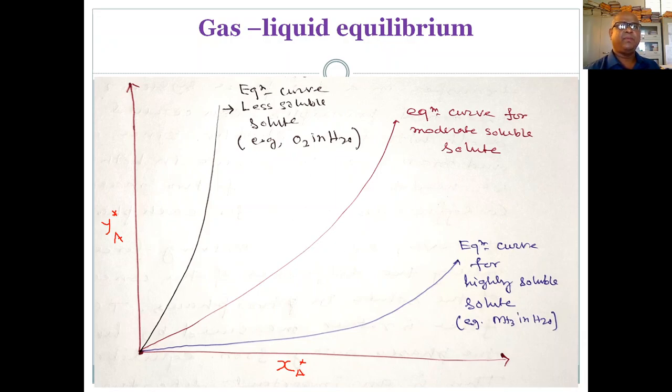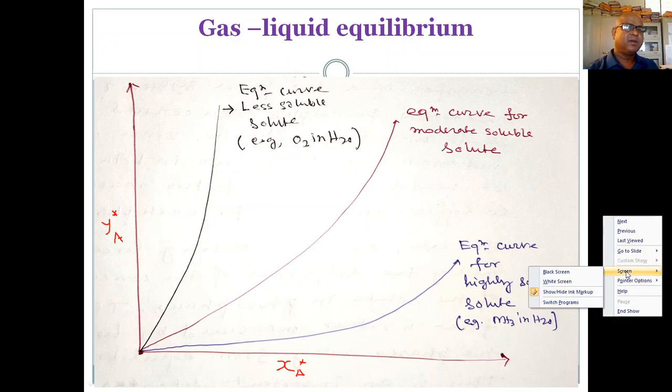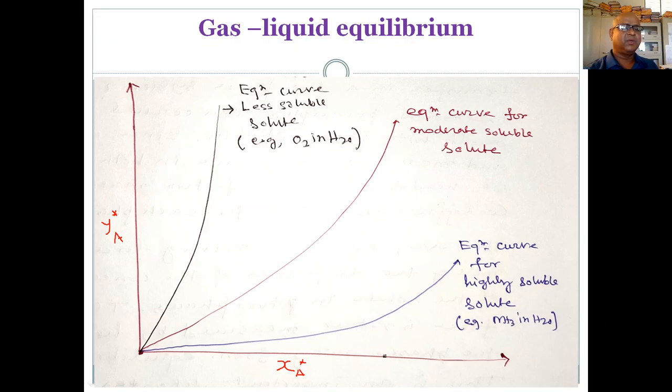That means at equilibrium the gas phase concentration will be low and the liquid phase concentration will be high. Let's take any point here. This is your xi, which is high. This goes up to 1, and this also goes up to 1.